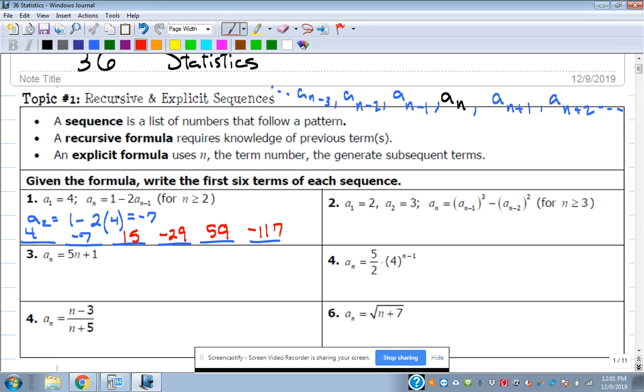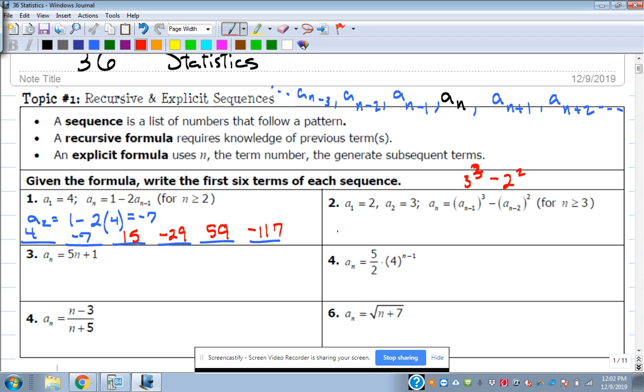So when you plug that in, it's 3 to the third power minus 2 to the second power. You got to be careful on that formula there. So it's 3 cubed minus 2 squared. So that'd be 27 minus 4.